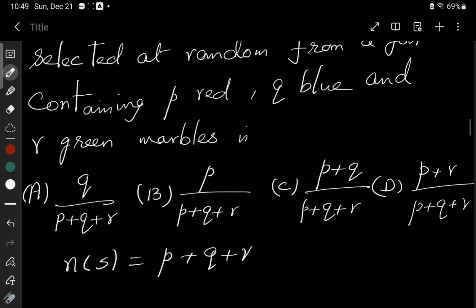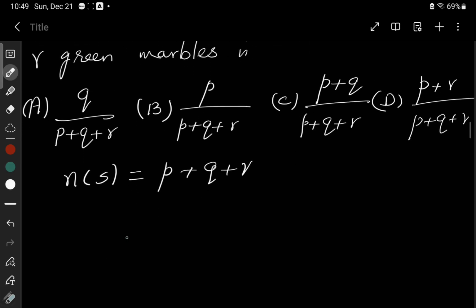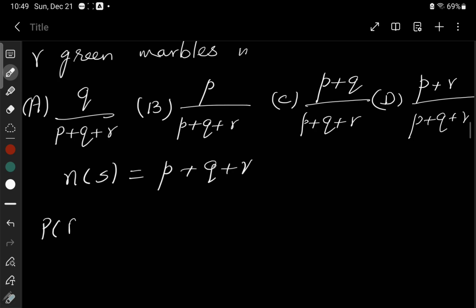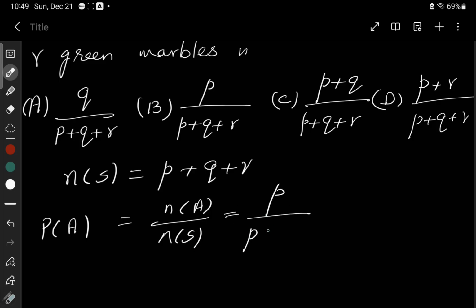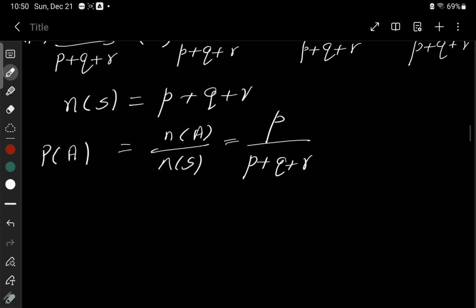How many red marbles are here? P. So P of A, getting red marbles, is N of A by N of S, which is P by P plus Q plus R. It is option B.